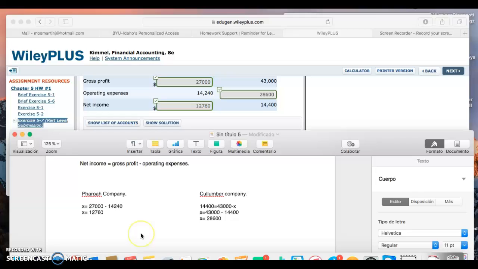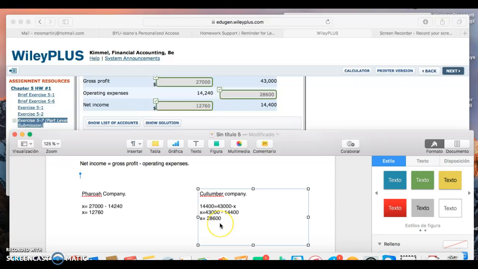So X equals 27,000 minus 14,240, so X equals 12,760. Then for the other problem, we already have the answer, so we just put it here: 43,000 minus X. Then we clear for X, and we'll find out that X is equal to 28,600.